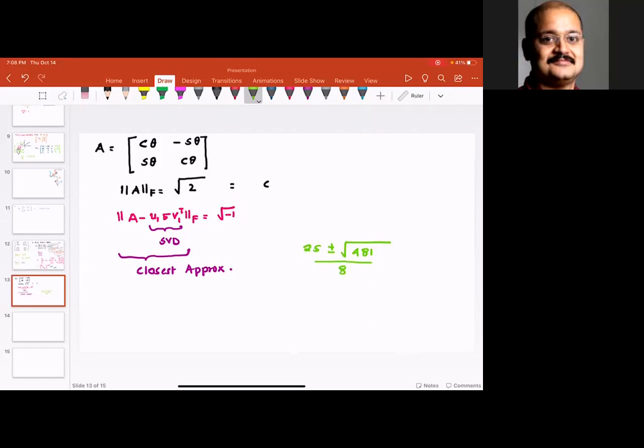Is that what you got? Okay. I got 10 plus or minus the square root of 4.